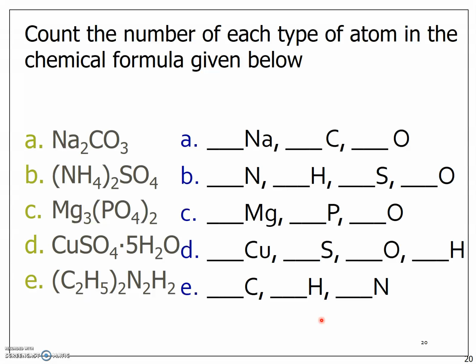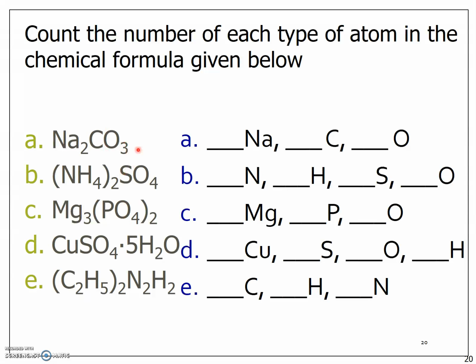What we'll go through, and this is not a clicker question, is counting the atoms. You can pause the video if you want and write down what you think, and then we'll go through the answers. So, how many sodiums?